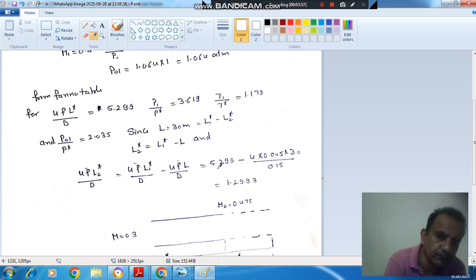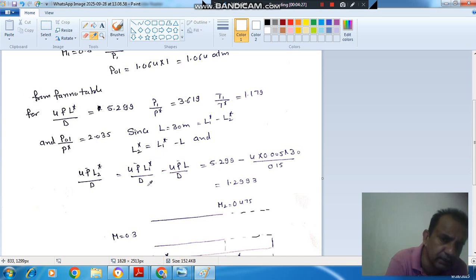That is 5.299, and now our length is 30 meters. So 4fL by D, with D as 0.15. If we calculate L1 star from here, we can subtract L and get L2, or we can multiply and divide both sides by 4f by D, which makes no difference.